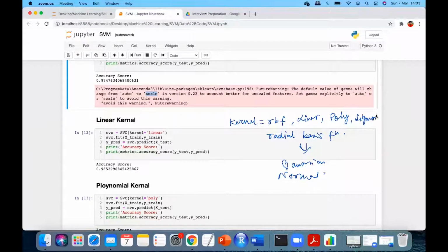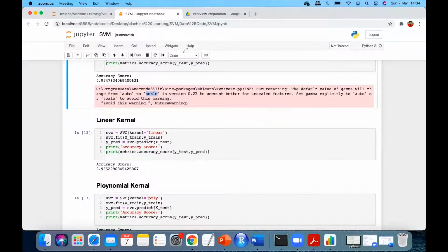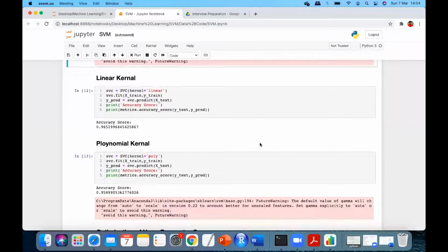You know sigmoid, all of you know, right? Sigmoid is also there, and they keep on adding. But usually we work with these three. Still, you have the accuracy score in front of you. You can apply all the kernels that you see in the documentation and see wherever your accuracy is best. You can think of it as a default kernel, or you can apply grid search CV. Yes or no?